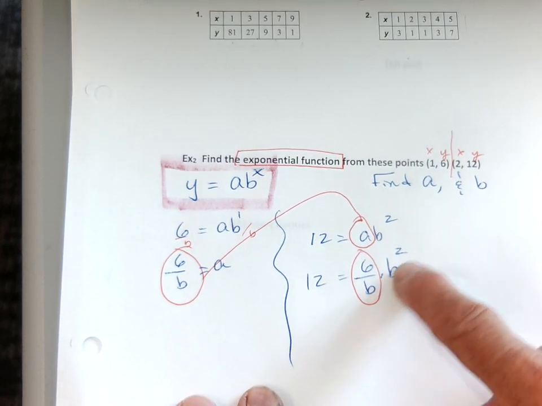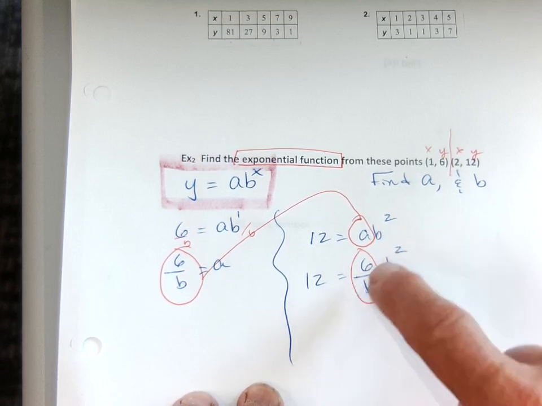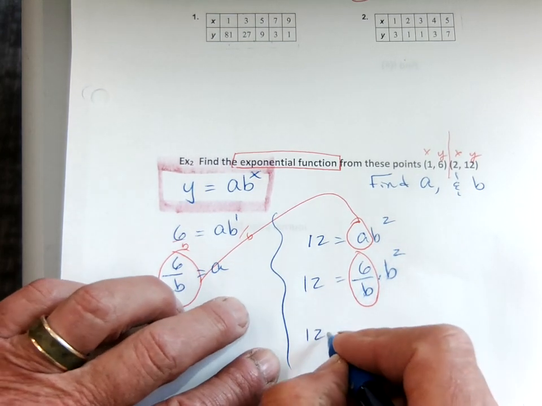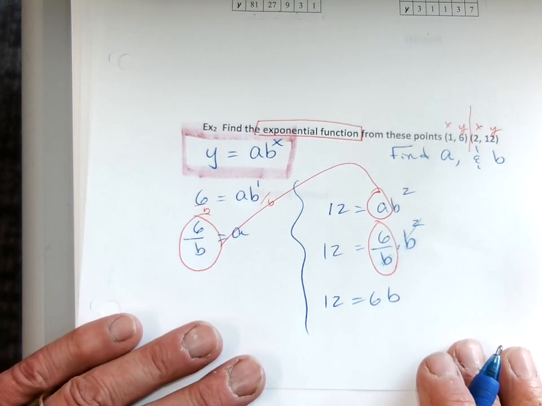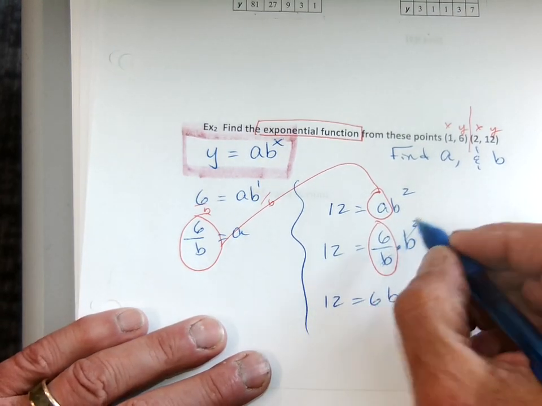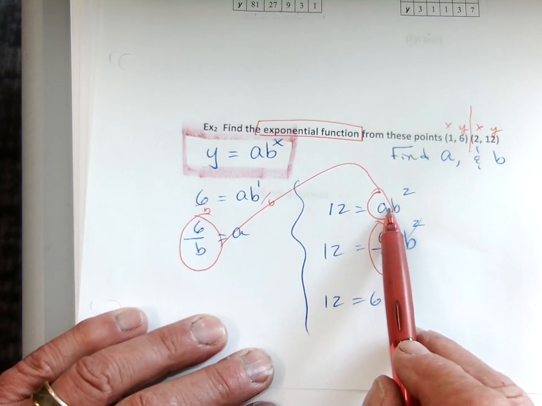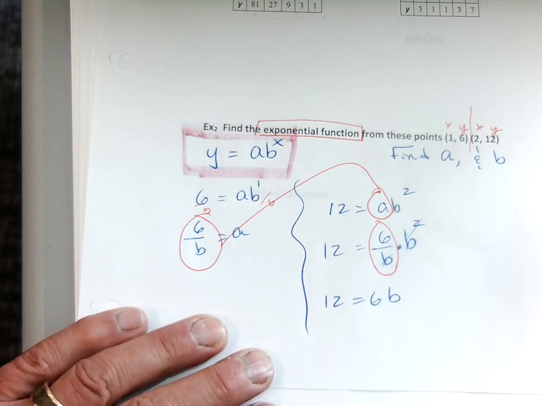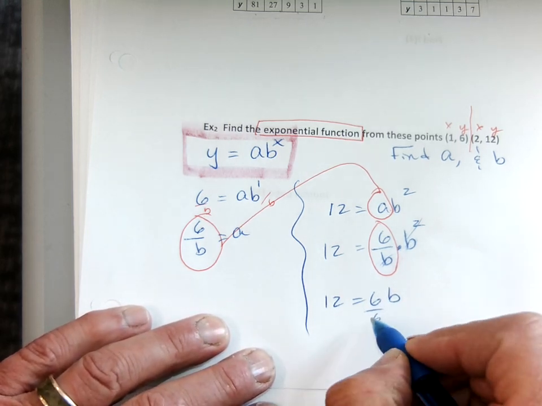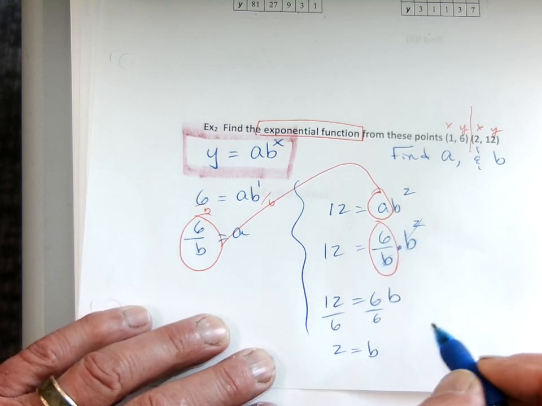b squared over b, one of these b's will cancel with one of these b's, right? b to b, that'll cancel. So I'll have 12 equals 6b. Wait, is that a times b squared? That is times because I put it right there, right? Does that make sense, Cassidy? I put it right there. Divide by 6 on both sides. And then I know the value of b is 2. Okay, good.